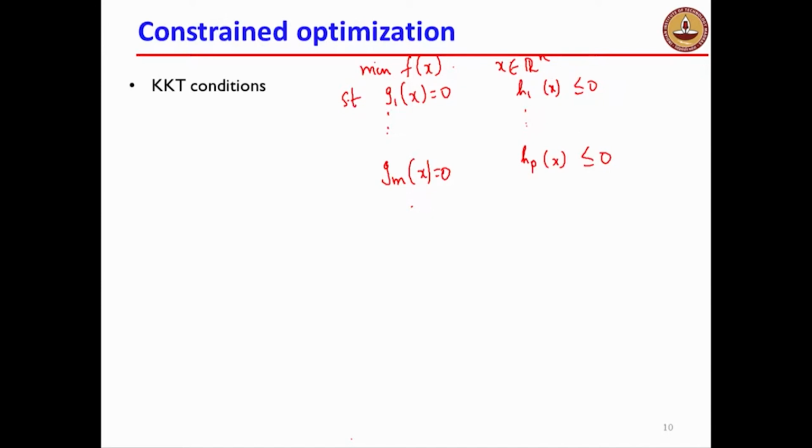Obviously now, unfortunately, as I said, because I can do only so many things on the two-dimensional thing, I am now going to unify all of these conditions together and give you one set of conditions. I will define what is called the Lagrangian, which is a function of x, mu and lambda.